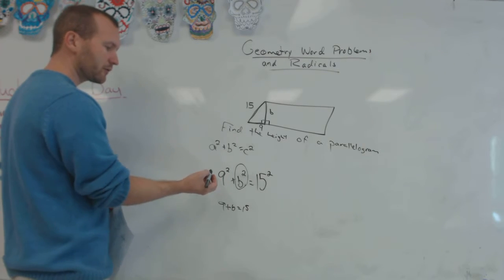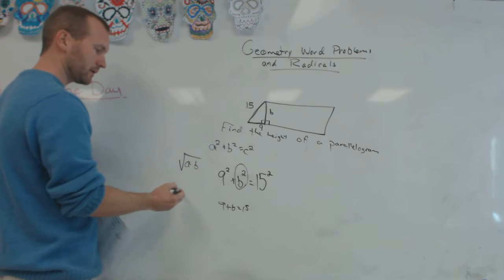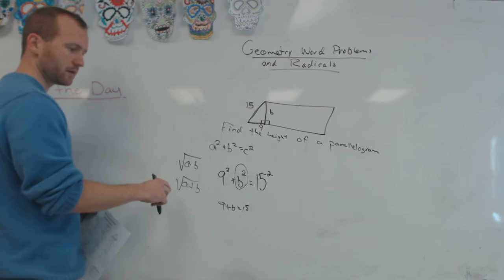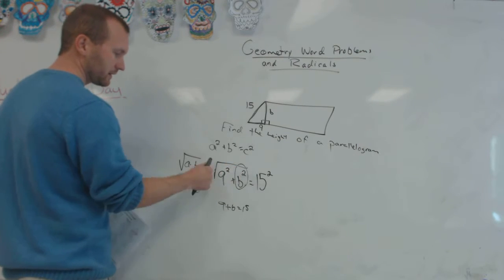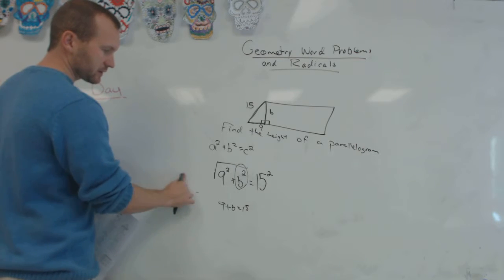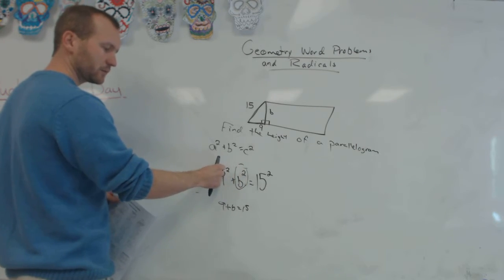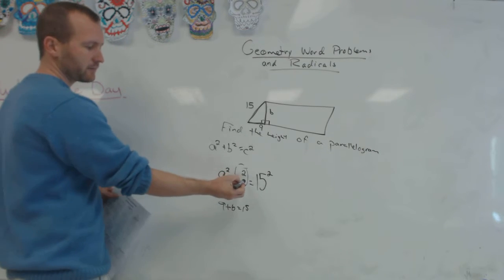Because remember, square roots distribute across multiplication, not across addition. So the square root of a plus b, or the square root of all this, does not equal the square root of this plus the square root of this. That is not true. So first, I have to get this alone.